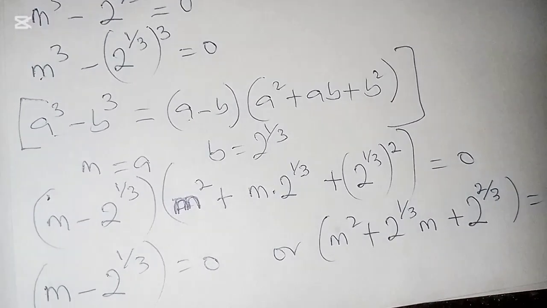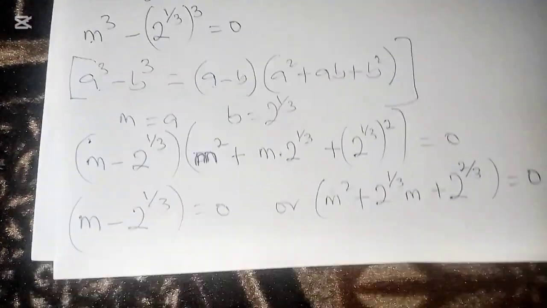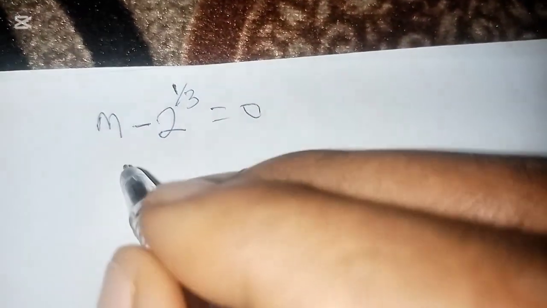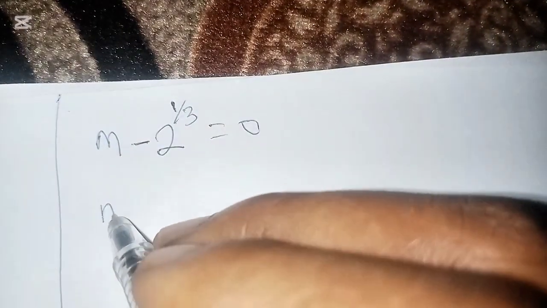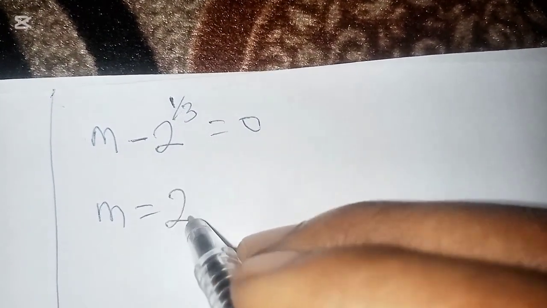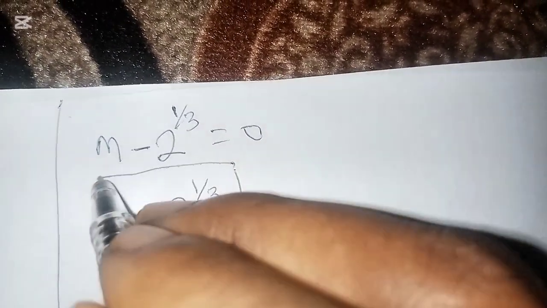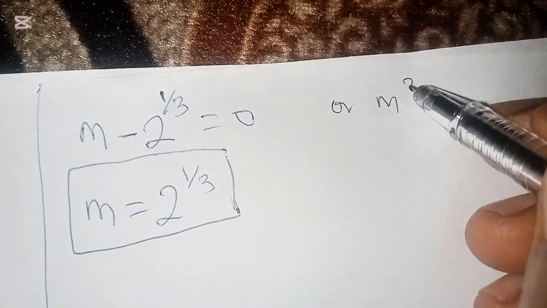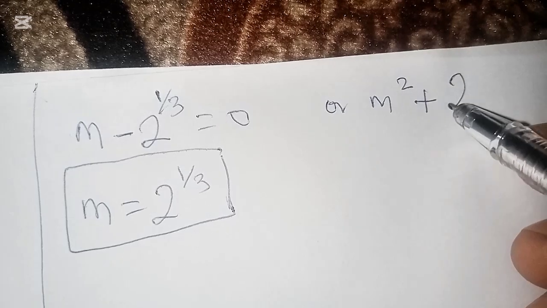Now remember our question says m to the power of 6. So we're expected to have 6 solutions for m. Right here in the first one, we already have one solution for m, which is m equals 2 to the power of 1 over 3. The other equation, which is a quadratic equation, will definitely give us two solutions, making it up to three solutions already.